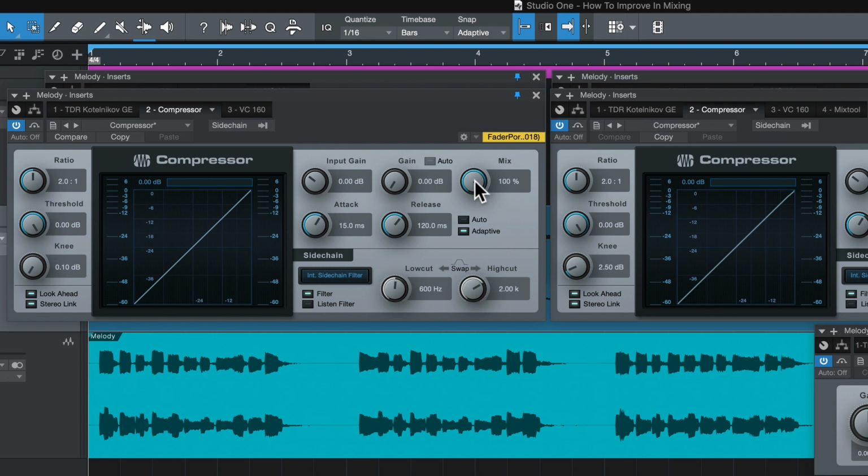So 100% means that the signal will be compressed if the threshold is high enough, etc. And if we have 0%, we don't process anything. So the signal is like it was sent to the plugin, completely dry without any processing.